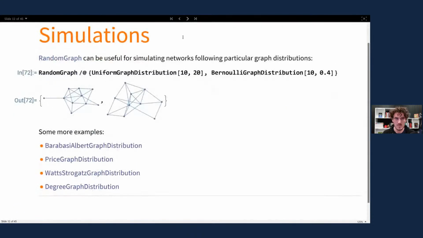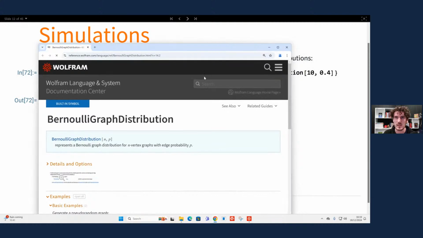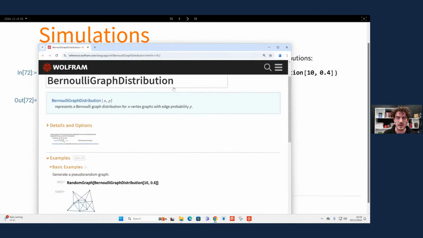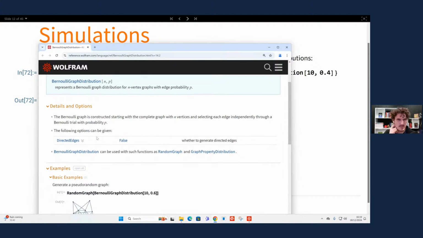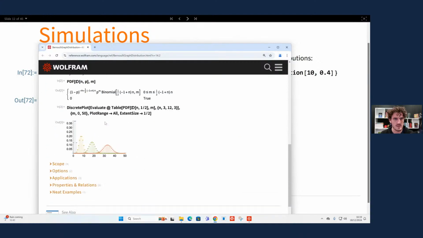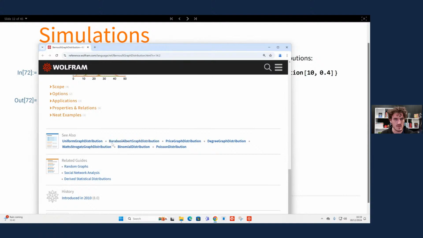Here we go. This is an example of a graph distribution which keeps edges when you flip a coin with probability p. I believe this is another word for Erdos-Rényi graphs, but I might be wrong. But this is what you want.